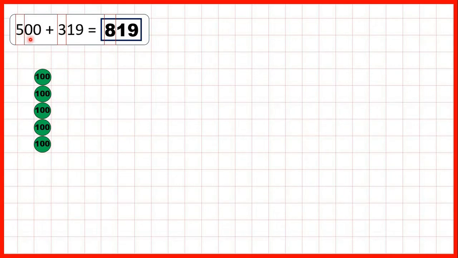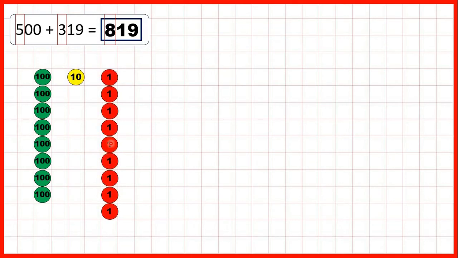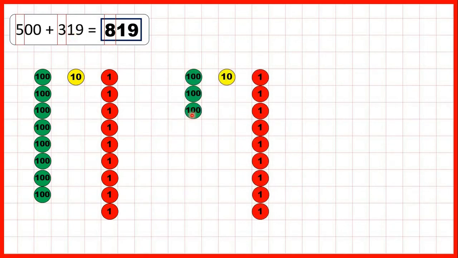Then we started with 500 and added 319. So we can add 3 hundreds, 1 ten, and 9 ones to give us 819, so 8 hundreds, 1 ten, and 9 ones as our answer. Notice we get the same answer even if we were to start with 319, so start with 3 hundreds, 1 ten, and 9 ones, and then add 5 hundreds.